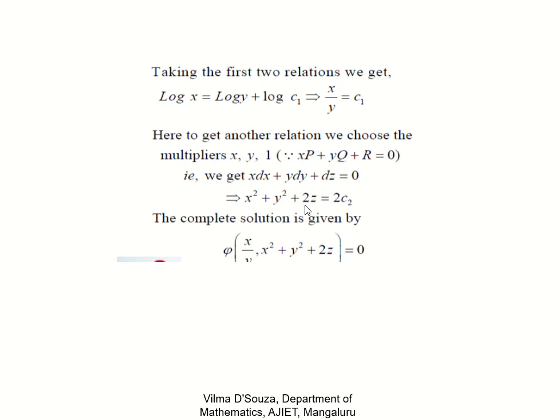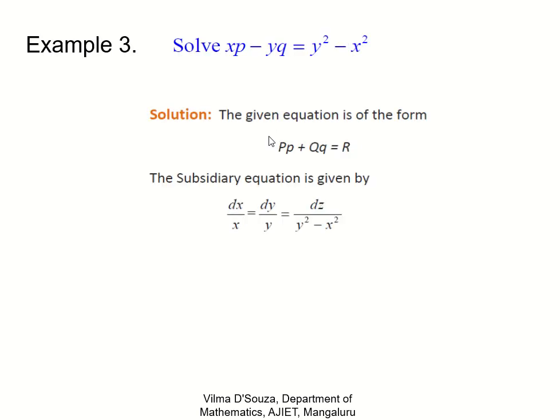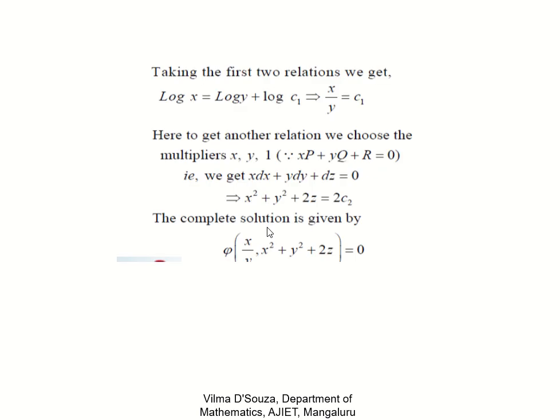What is your numerator? x dx plus y dy plus dz, divided by x square plus y square minus... once again, if you use the multipliers x, y, 1, the denominator becomes 0. So the numerator will be x dx plus y dy plus dz is equal to 0.